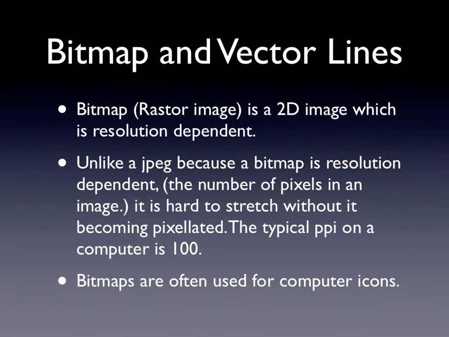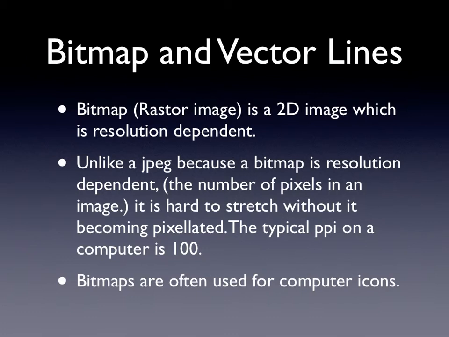Bitmap and vector lines. Bitmap stands for a raster image. It's mostly used in computer icons for programs, mainly because it's very restricted to what it can do. It's not like a JPEG, for example, that you can pretty much stretch to a certain point without becoming pixelated.